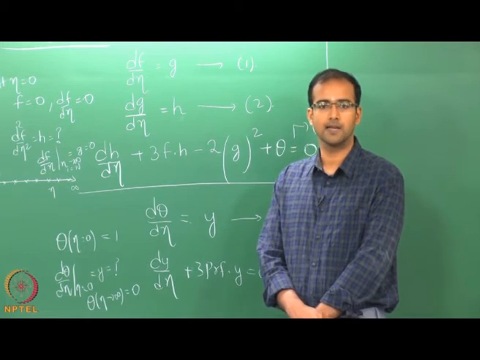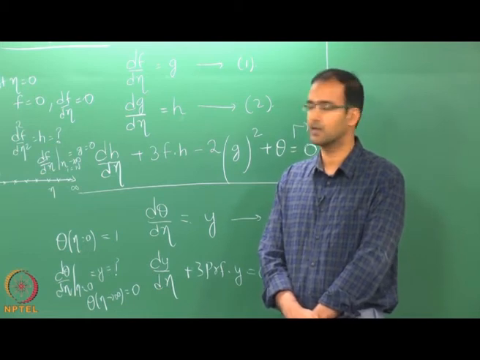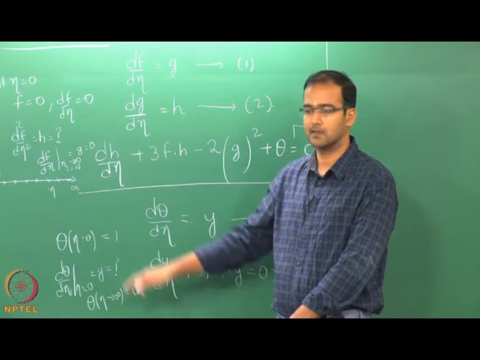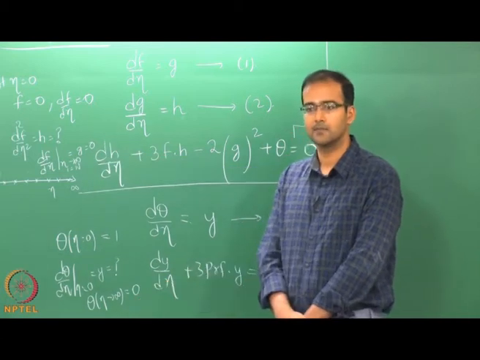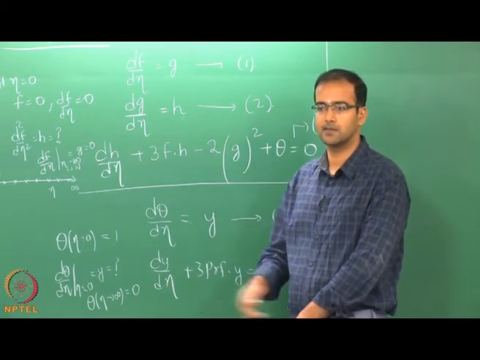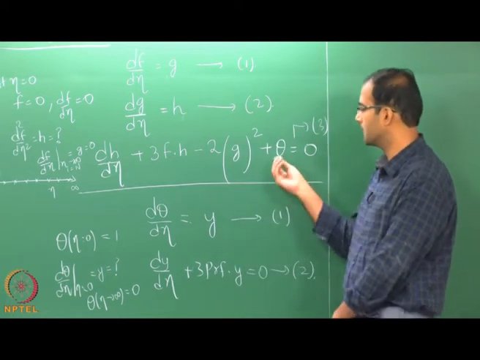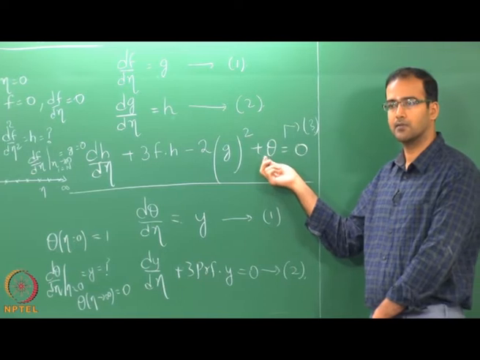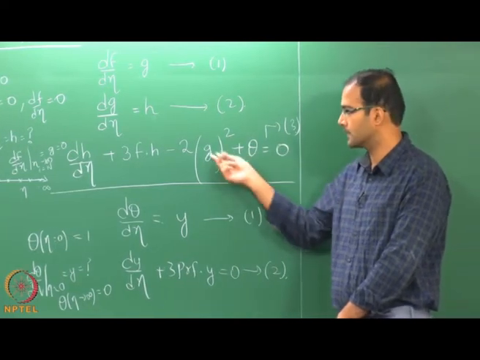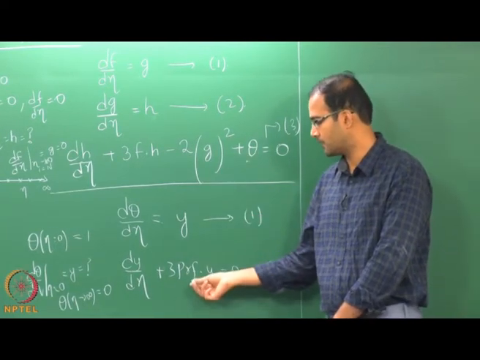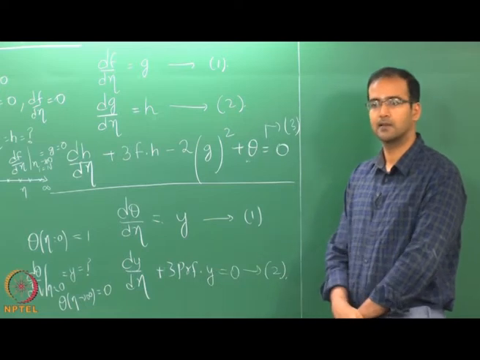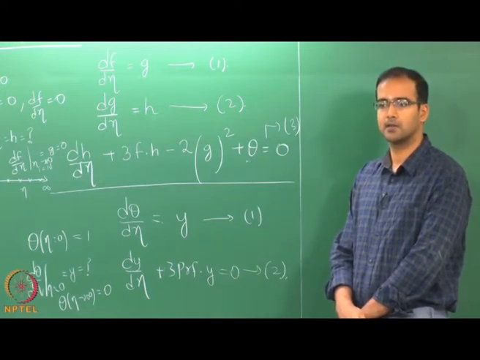Till that point you have to keep guessing the values of both h as well as theta, and then solve these two equations simultaneously. At each point you put in the corresponding value of theta and get the solution, and then that value of f is put in the equation for theta and solved.